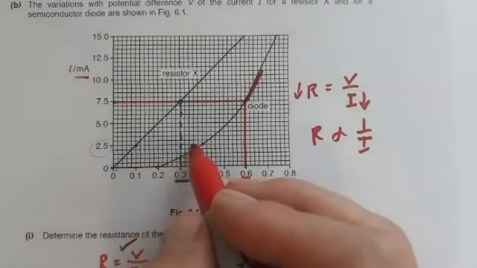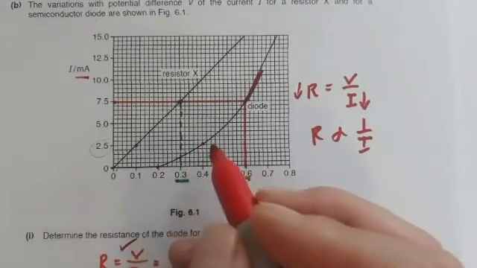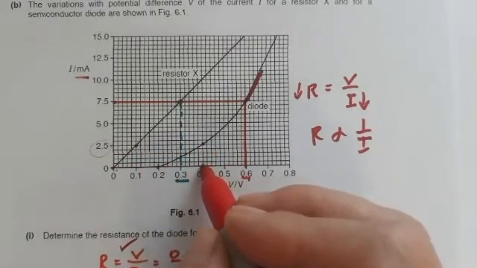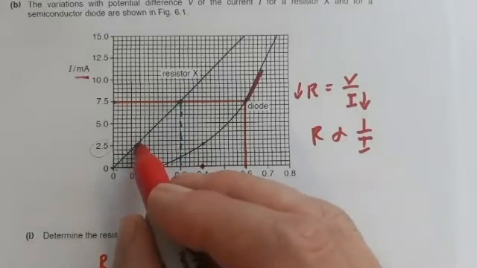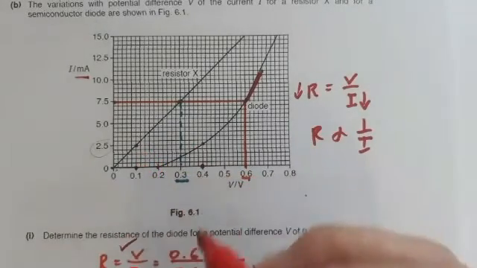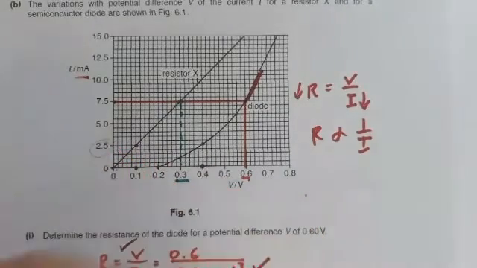What is my potential difference over my diode? Well, it's 0.4. What is 0.1 plus 0.4 give me? Yeah, you're right. It's 0.5. That means the current is 2.5 milliamperes.